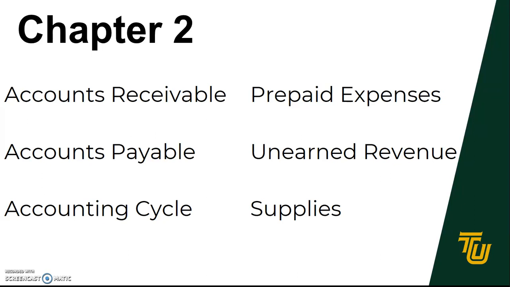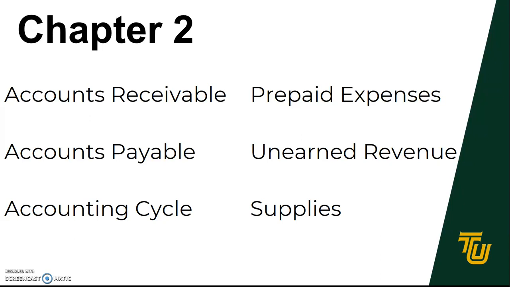It may sound like an expense, but more importantly, it's a liability. It's an item that we owe to someone else. It's payable. The opposite of a payable is a receivable, something that's owed to us. So the opposite of the account payable is the account receivable, money owed to us.